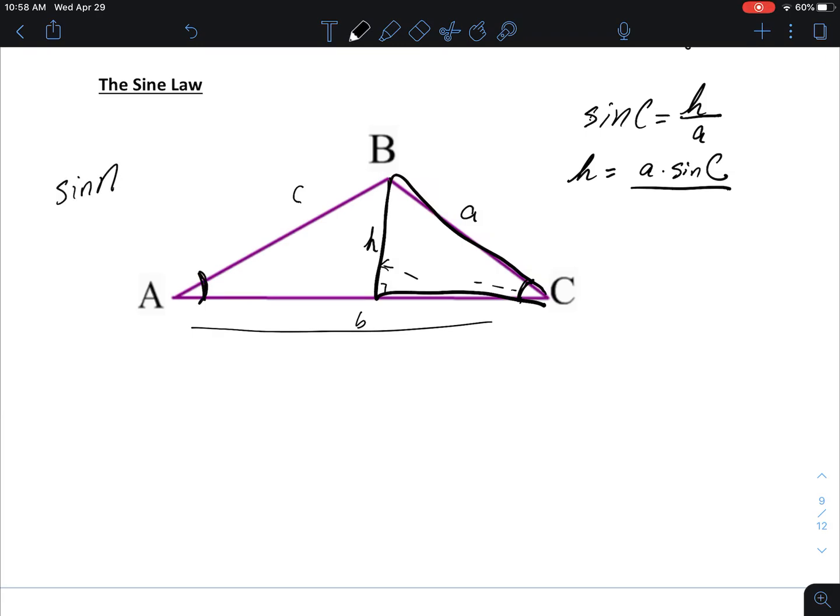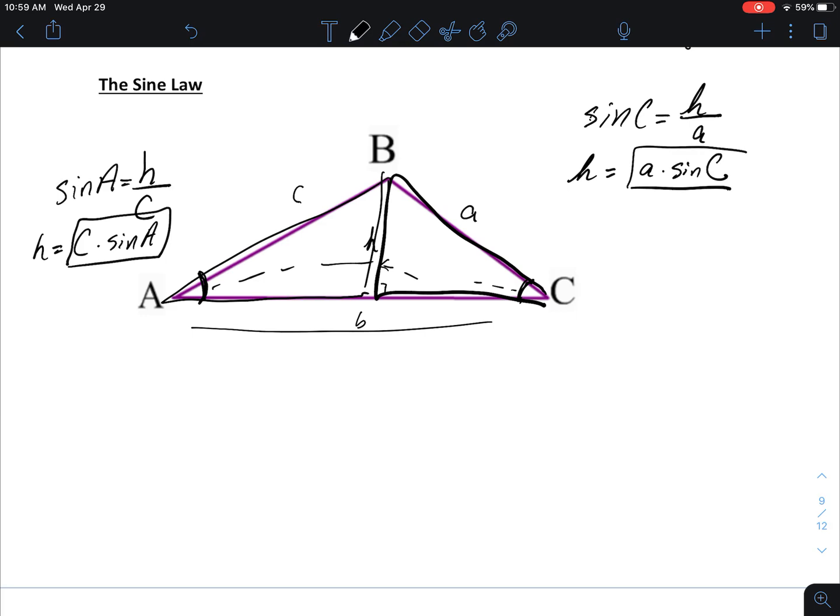So I'm just going to hang on to that for a moment, and I'm going to repeat a similar calculation on the other side, looking now at angle A. So the sine of A is its opposite, which is also h, over the hypotenuse of now this triangle, which is C. So that h is also equal to C, I should use lowercase c, sorry, sine A. So if h is equal to this, and h is also equal to A sine C, now I'm going to equate both expressions for h.